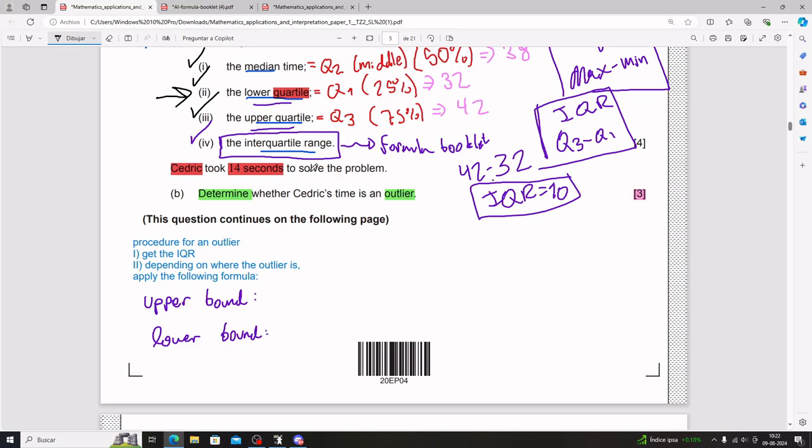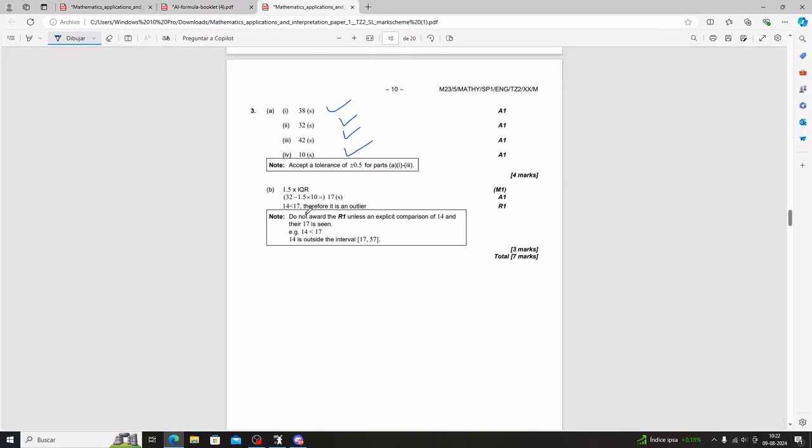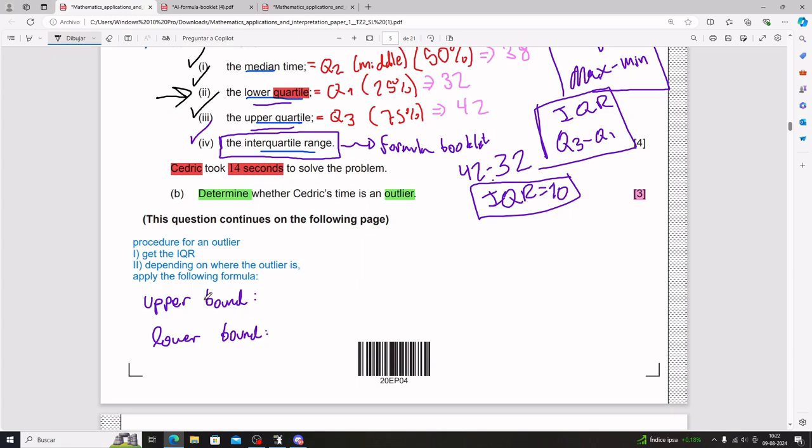What you actually do, and let me just double check because it is very specific. Exactly, we're good. Basically, for the upper bound, you want to see if it's up and beyond. So you will be using Q3, the upper quartile: Q3 plus 1.5 times the IQR.